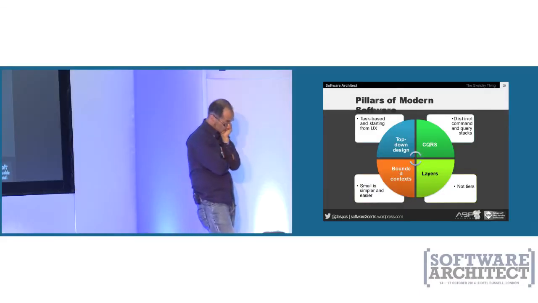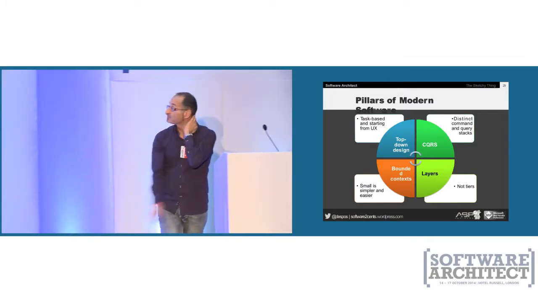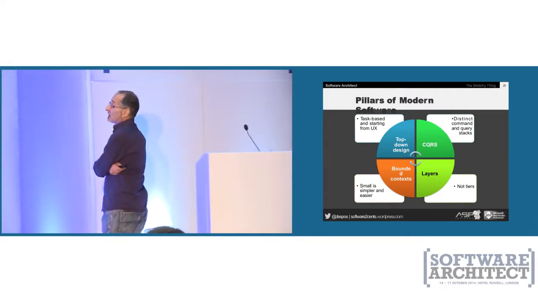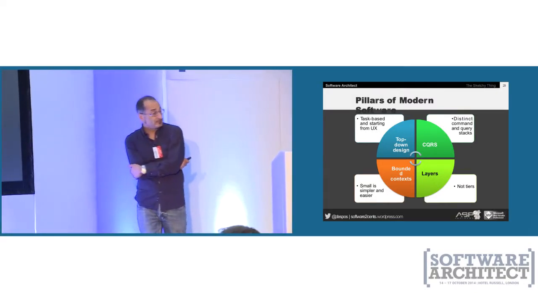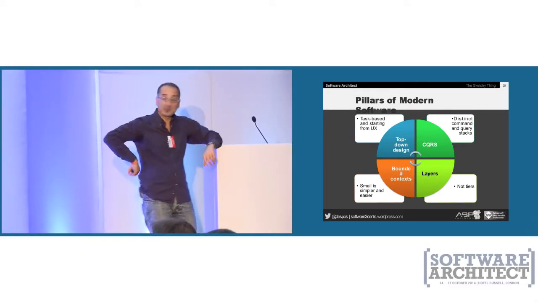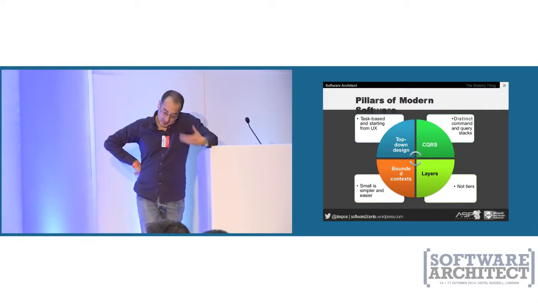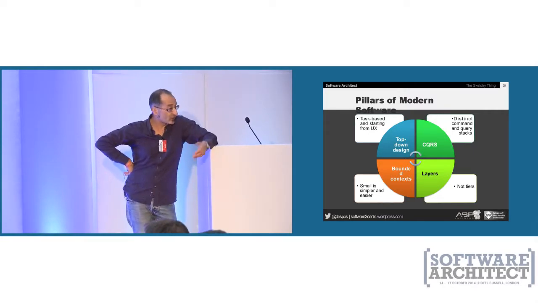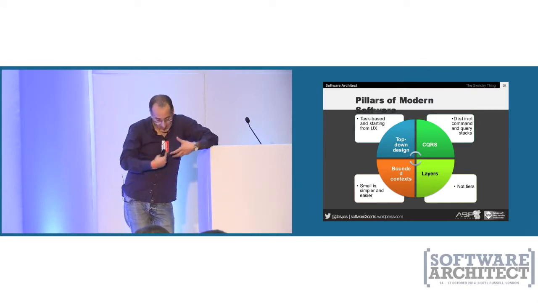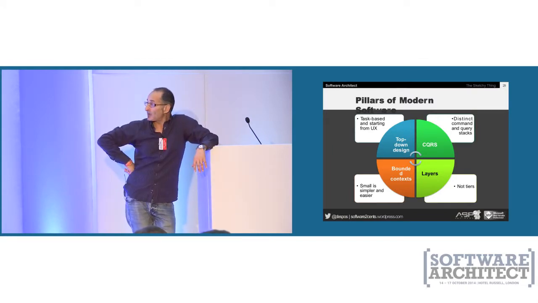So, in summary, the pillars of modern software are essentially top-down design, which is what I presented and shared in this talk. In more concrete terms, the idea of top-down design can be implemented through bounded contexts at the design level.